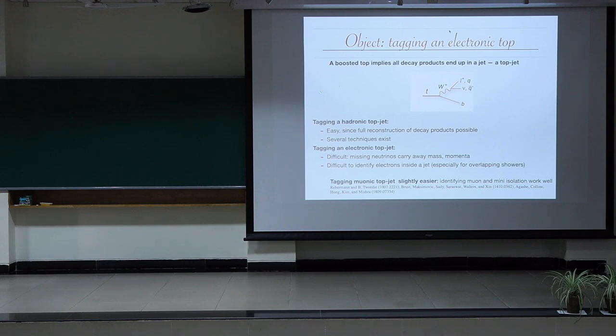The problem is you tag a boosted top, meaning that all the decay products come within, let's say, a jet. Now, if you want to tag a hadronic top where all the decay products are hadrons, that's easier because everything you observe, there are various scales, a lot of jet shapes you can construct.